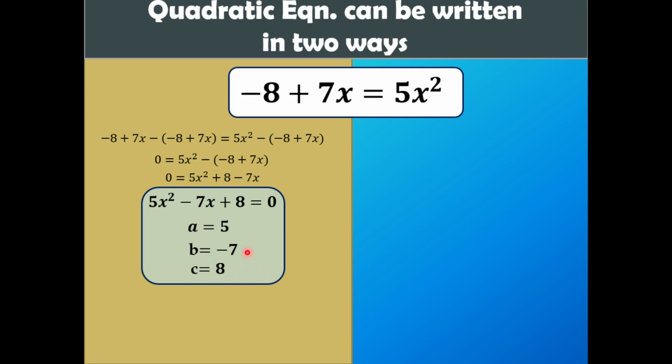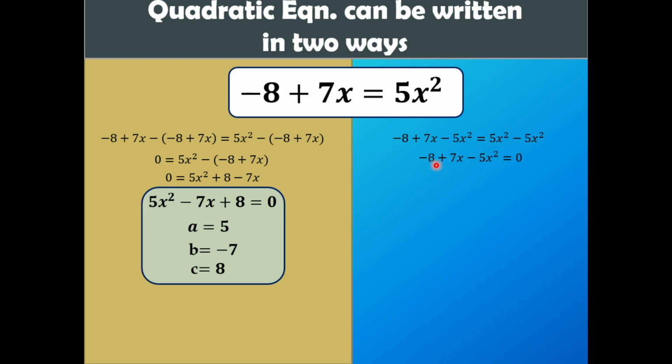We can also eliminate the 5x squared on the right hand side of the equation and move it to the left hand side. So we will just subtract 5x squared from each side of the equation. So it will become negative 8 plus 7x minus 5x squared equals 5x squared minus 5x squared. The right hand side of the equation will become 0.